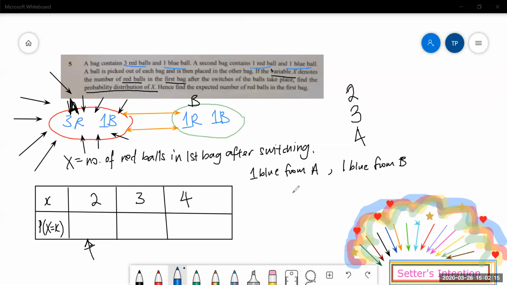Take one red from A, then one red from B. Correct. Any other scenarios? No more. So these two probabilities, you need to add them up together.